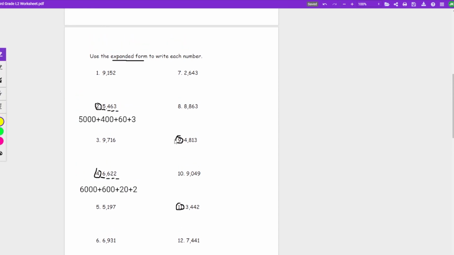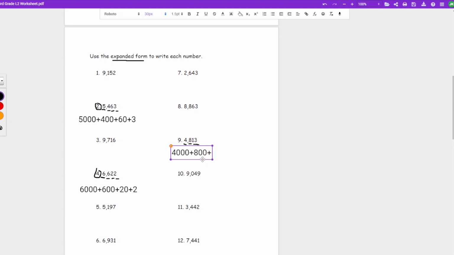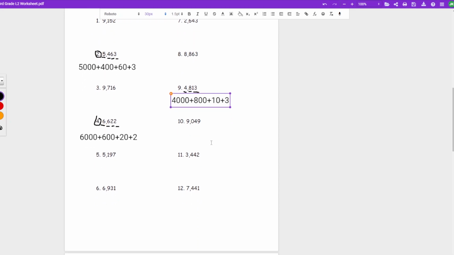And number 9, 4,813. We have 4 thousands, 8 hundreds, 1 ten, and 3 ones. So I'm going to write it out. We have 4 thousands plus 8 hundreds plus 1 ten plus 3 ones. Okay, there we go. I'm going to move on.